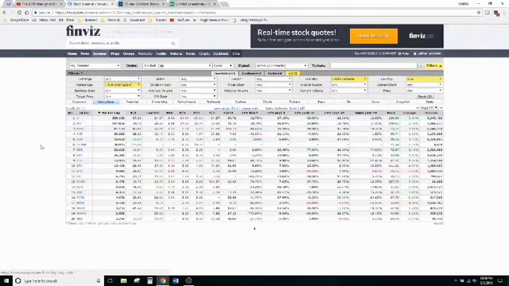Keep in mind, this is something I noticed: the way Finviz defines sectors and the way some of the other websites do, they all do it a little bit differently. I think Nasdaq.com has an extra sector that Finviz doesn't have.